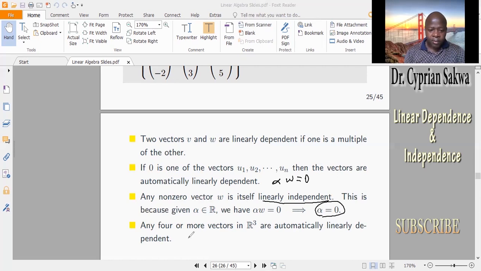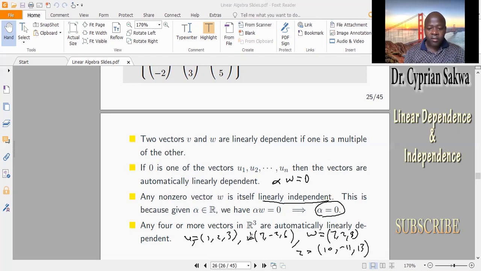Suppose I'm given u in R3 as 1, 2, 3, v as 7, -2, 6, w as 7, 2, 8, and another vector z as 10, -11, 13.